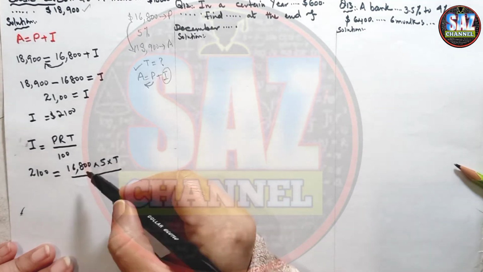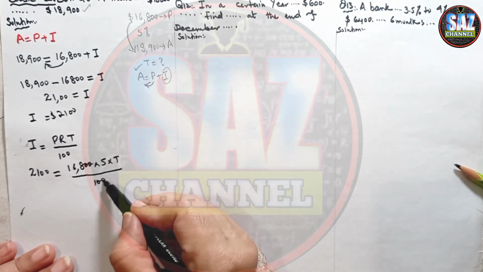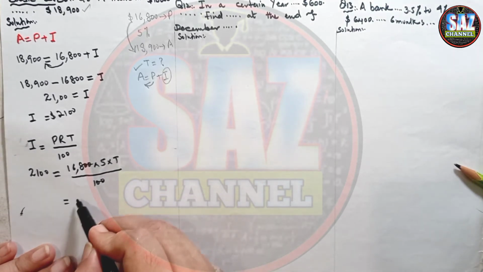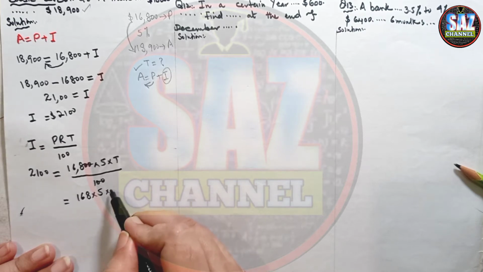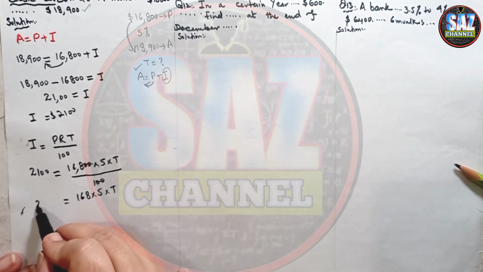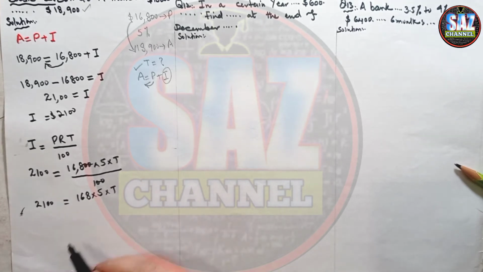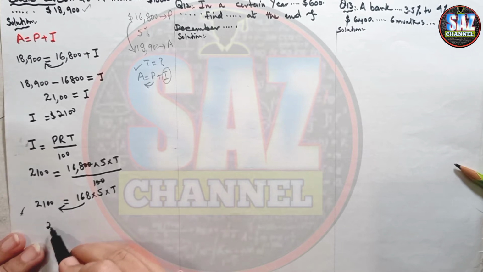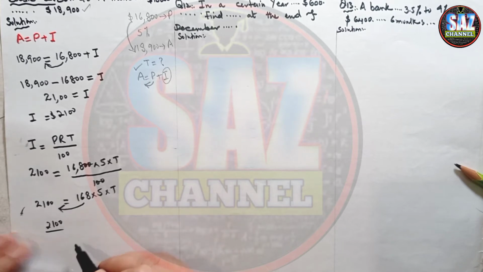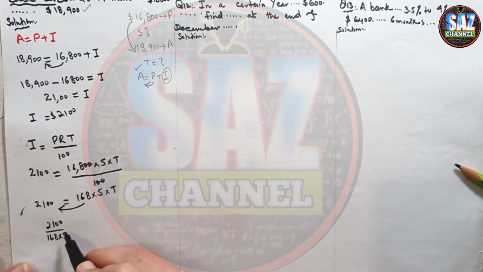Now cancel these two zeros with two zeros, and I am left with 168 multiplied by 5 multiplied by t equals 2,100. Shifting 168 multiplied by 5 to the other side, the equation takes the form 2,100 upon 168 multiplied by 5 equals t.